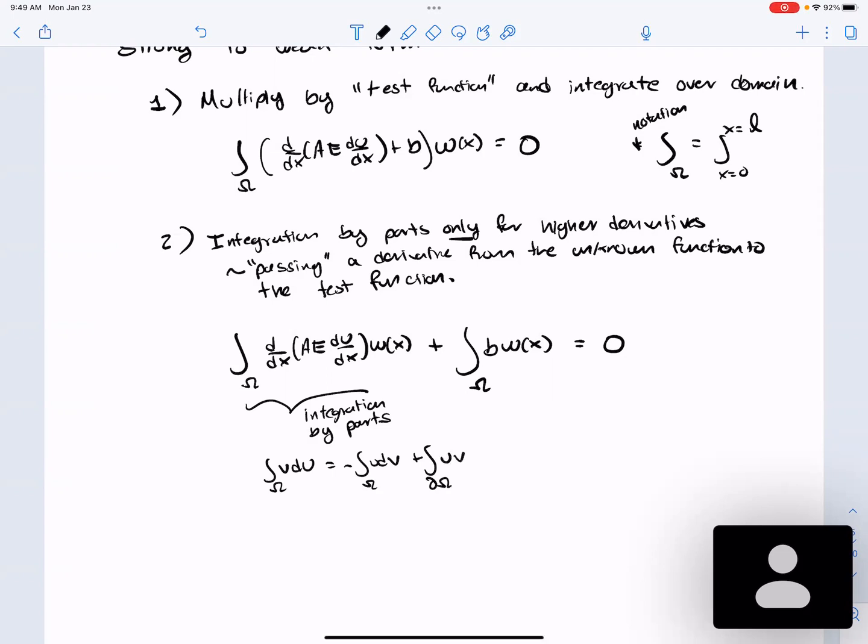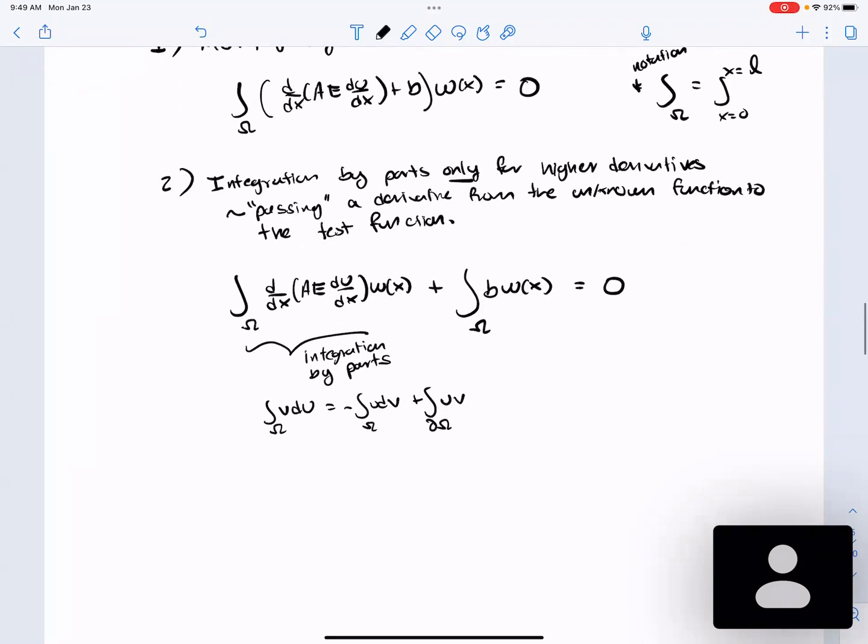That's the integration by parts. So if we have something times the derivative of something over some volume or line or area, then it's going to be minus the integral over the domain of just a switch. Basically, you're passing a derivative from the u to the v, and then plus an integral over the boundary with no derivatives.